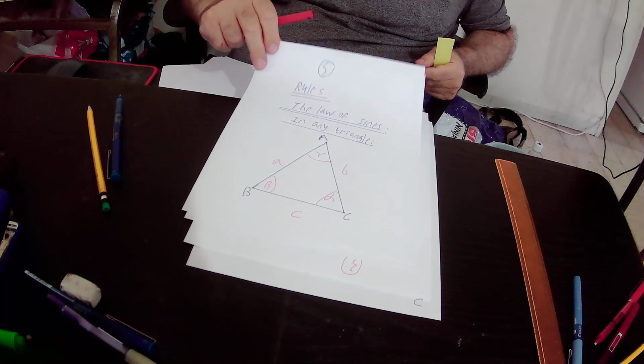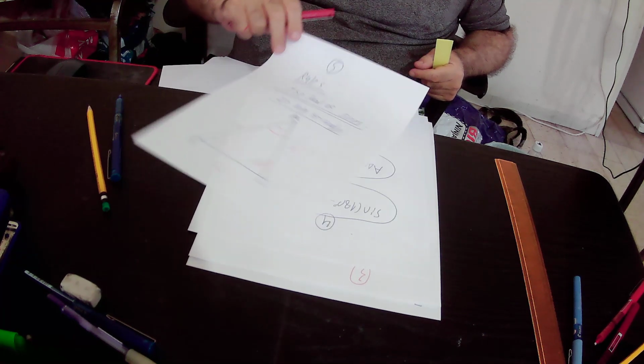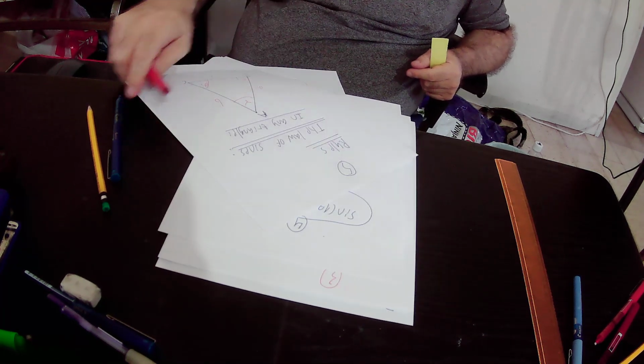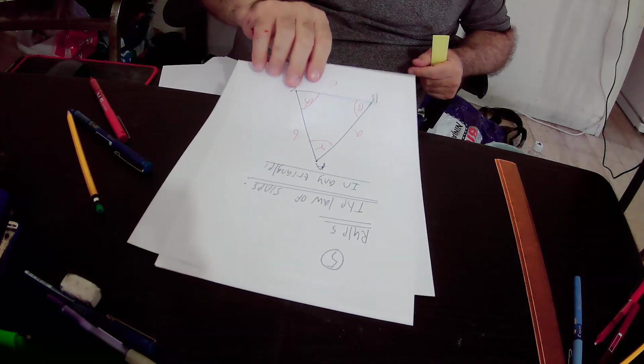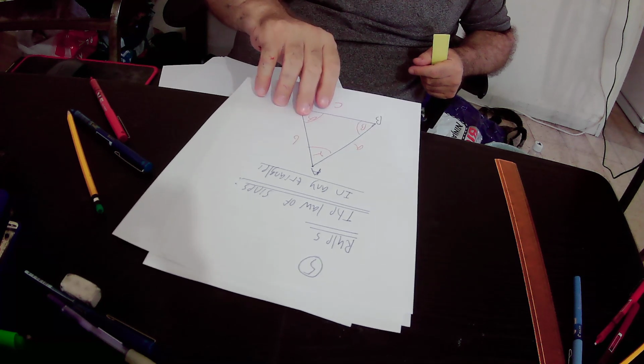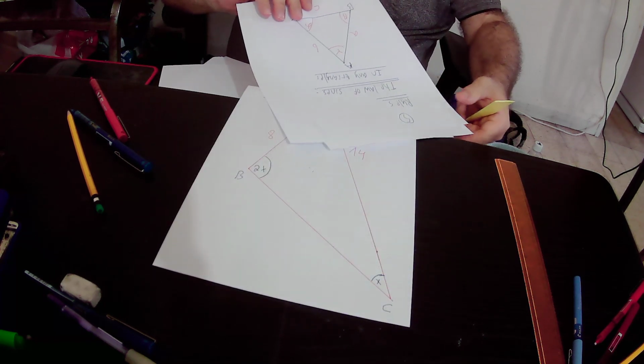We will implement rule number 5, the law of sines, in our triangle ABC.